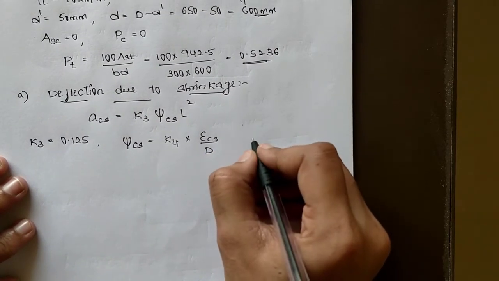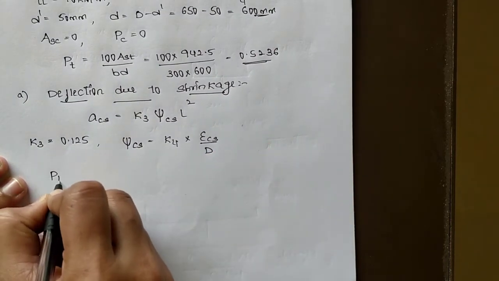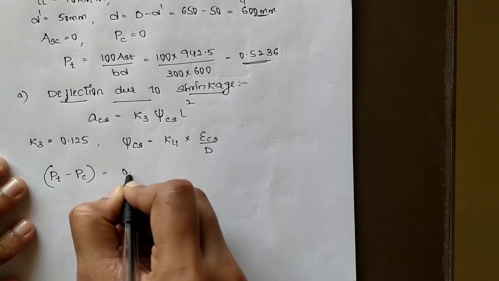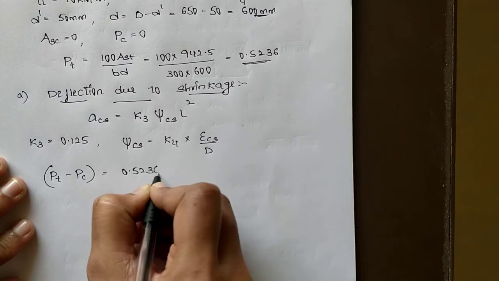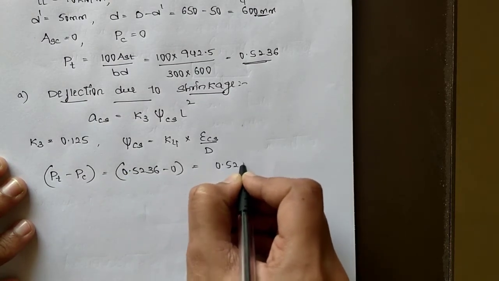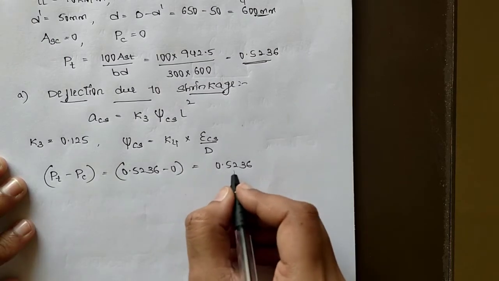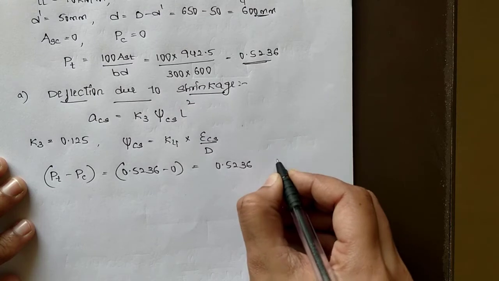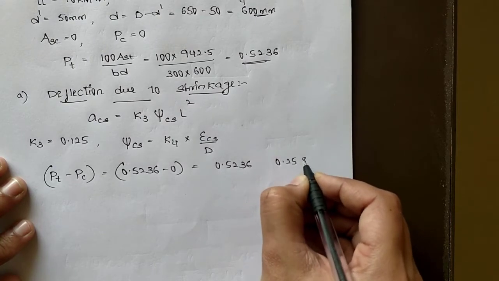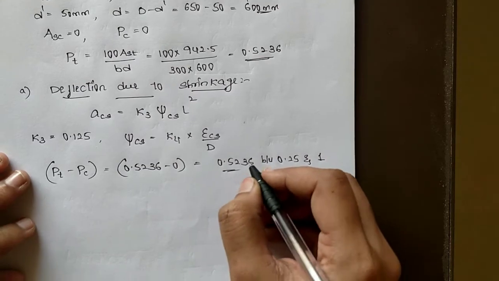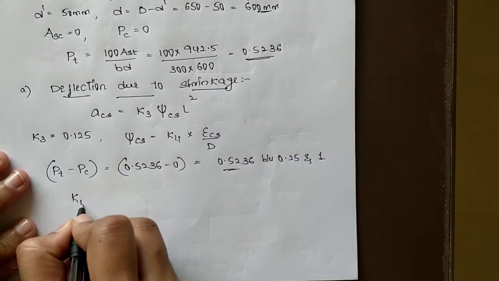Before calculating the K4 value, calculate pt minus pc difference value. That is pt is 0.5236, pc value is 0. You will get 0.5236. The difference 0.5236 is between 0.25 as well as 1. Then you need to use the first equation to calculate K4.